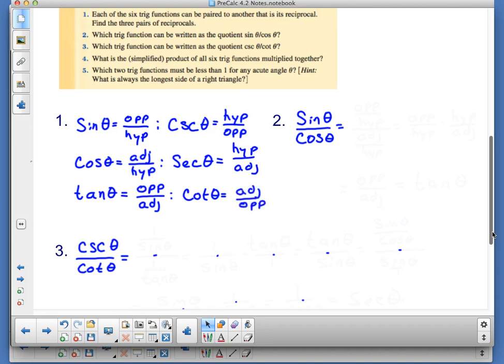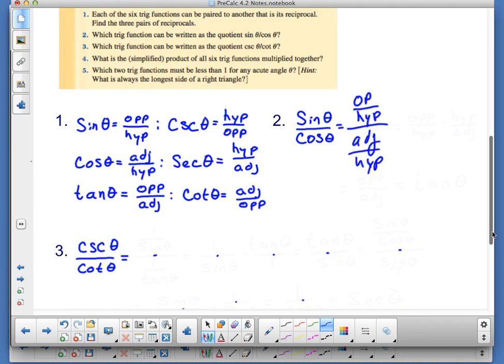Now, which trig function can be written as the quotient of sine theta over cosine theta? Well, remember, sine is opposite over hypotenuse and cosine is adjacent over hypotenuse. That's the same as opposite over hypotenuse times hypotenuse over adjacent.